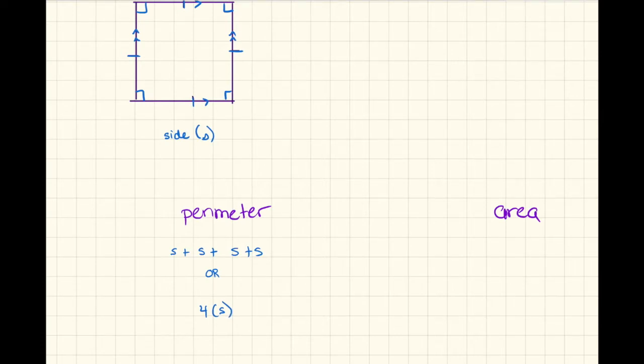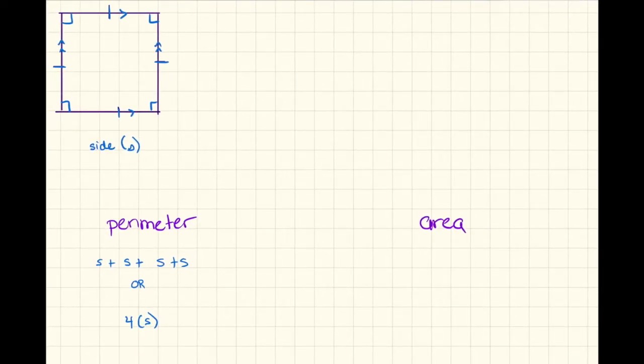In this case, the area is pretty much like a rectangle, especially because a square is actually a type of rectangle. In this case, you're not going to do length times width like you did for the rectangle. We're actually going to use the letter S, and we're going to do side times the side.